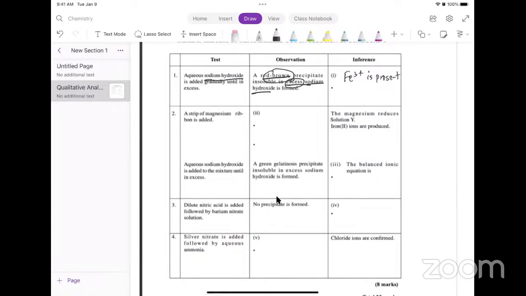And then number 2 says a strip of magnesium ribbon is added. Now I don't go much further because we should already start wondering about magnesium ribbon being added, because it rings a bell somewhere. But anyway, let's continue.